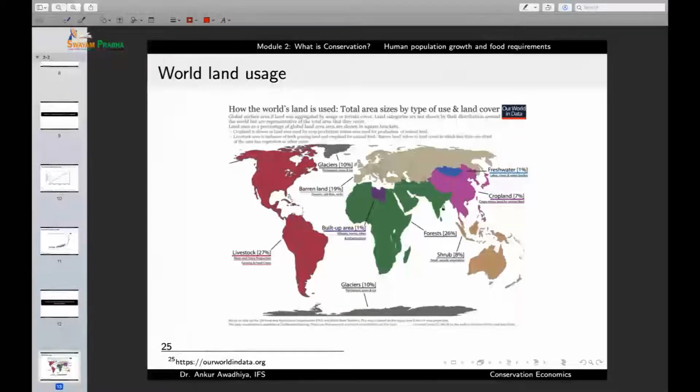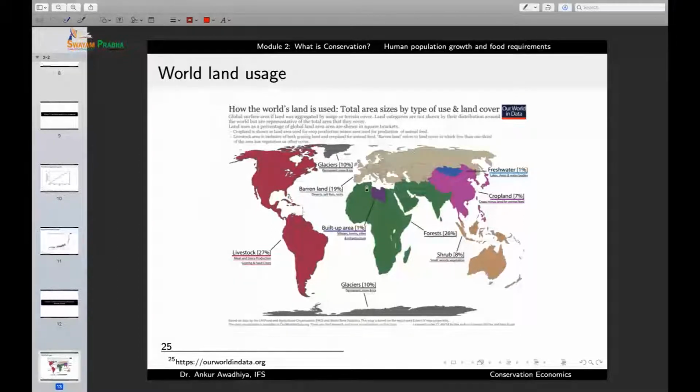Croplands are just 7%. So if we take this East Asia, we'll get to the figure of roughly 7% of the world's area. As much as 26% of the world is covered with forests.